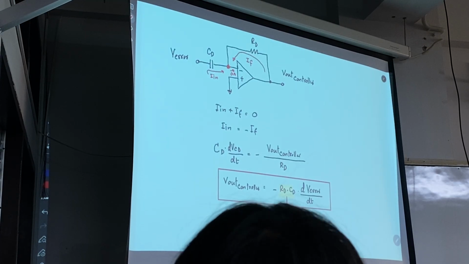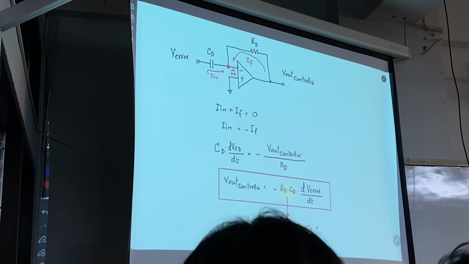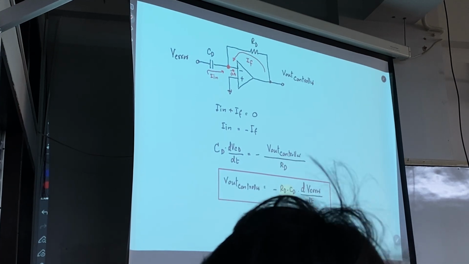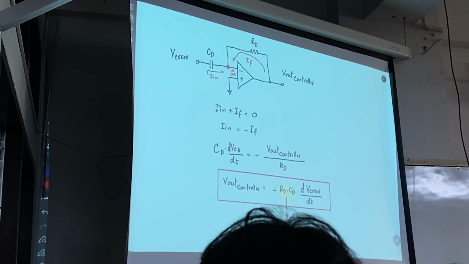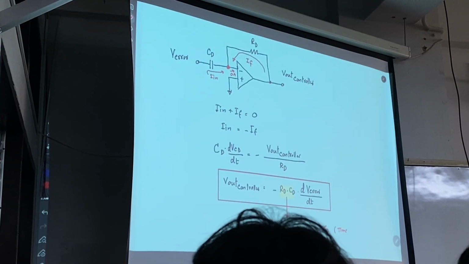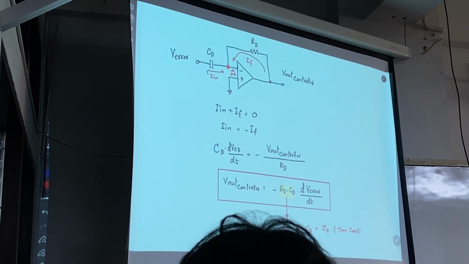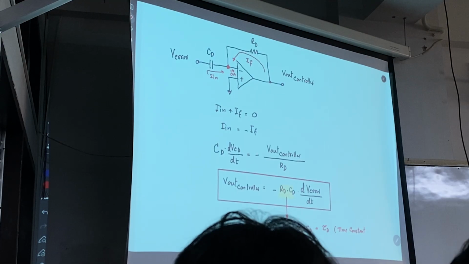KD, R multiplied by C, we can call the constant of the differentiator.